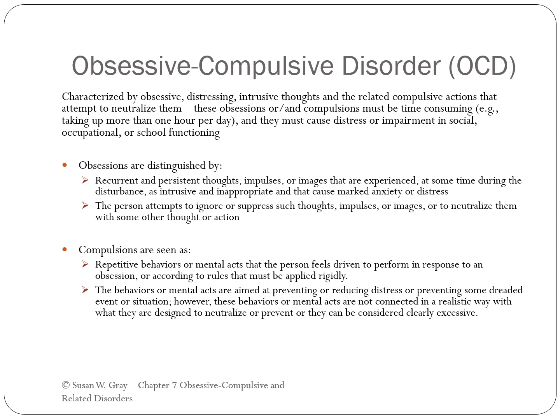The person attempts to ignore or suppress those thoughts, impulses or images, or to neutralize them with some other action or thought. Compulsions are repetitive behaviors or mental acts that a person feels driven to perform in response to the obsession. The behaviors and mental acts are aimed at preventing or reducing stress or preventing some dreaded event or situation.